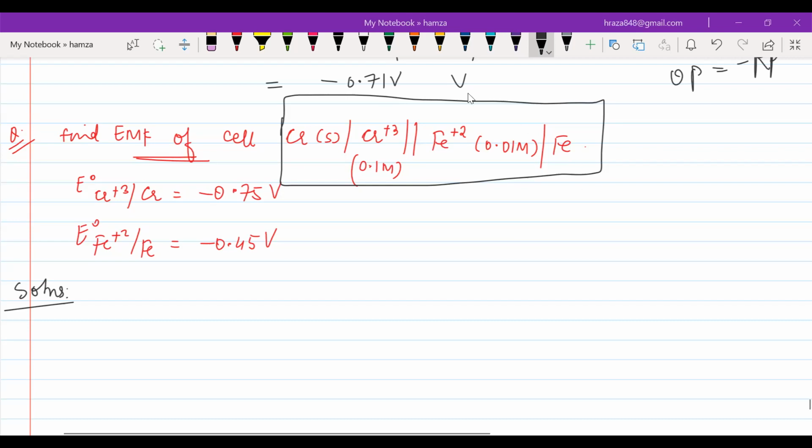What is the reaction you got, Sneha? Please write the reaction in chat box. Hamza, can you write the reaction from this representation?